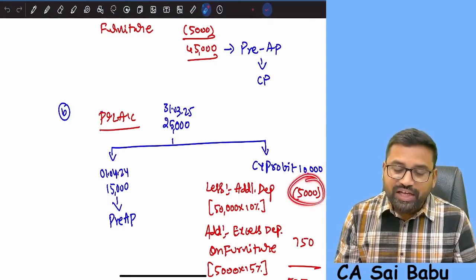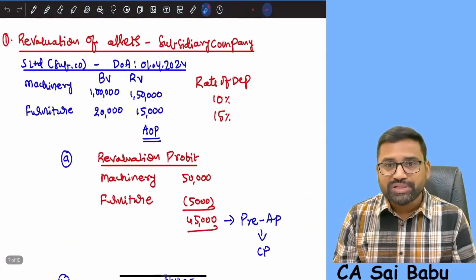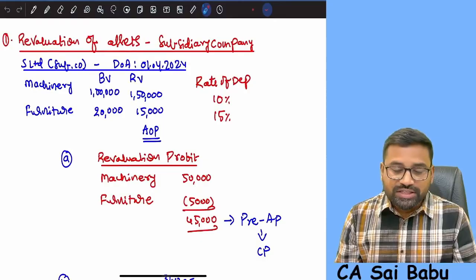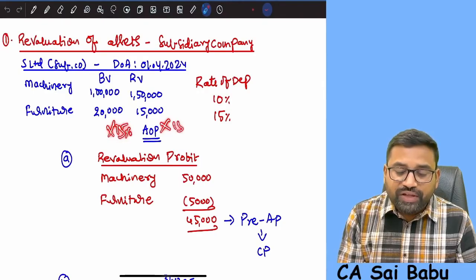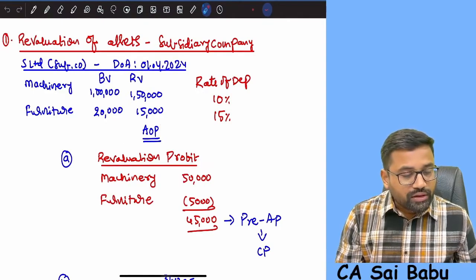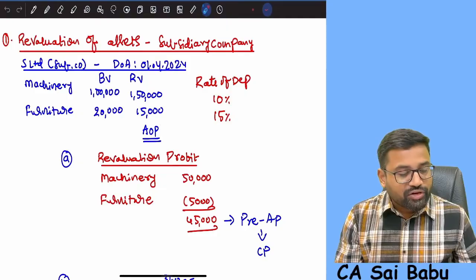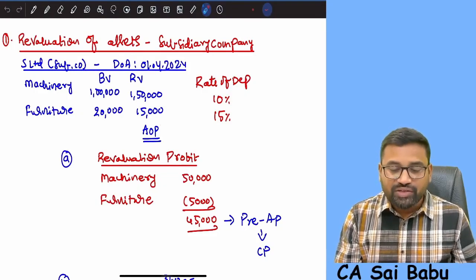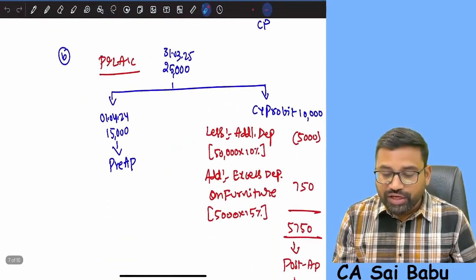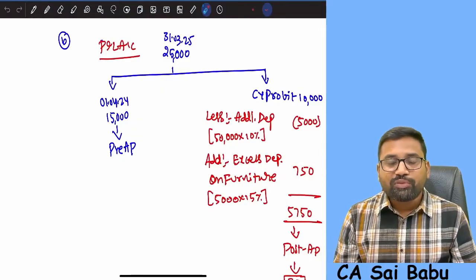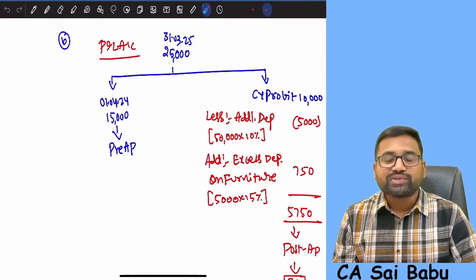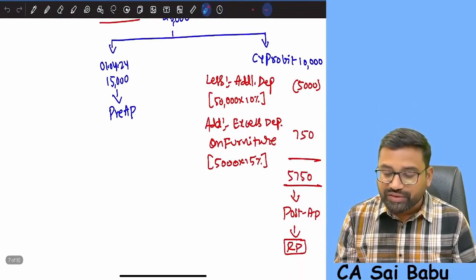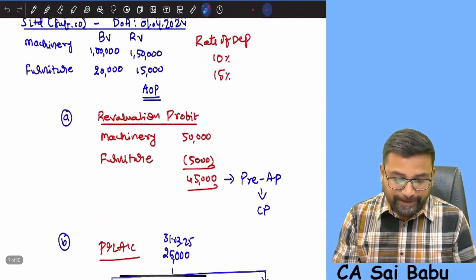From this current year profit, I need to reduce additional depreciation because of the revaluation. Similarly, for furniture, we provided depreciation on 20,000 book value, but we need to provide depreciation on 15,000. Therefore, whatever excess depreciation we provided on 5,000, that is 5,000 into 15%, 750, we need to return it back so that our profits will be increased to that extent. So our revised current year profit is 5,750, which is a post-acquisition profit, which is treated as revenue.